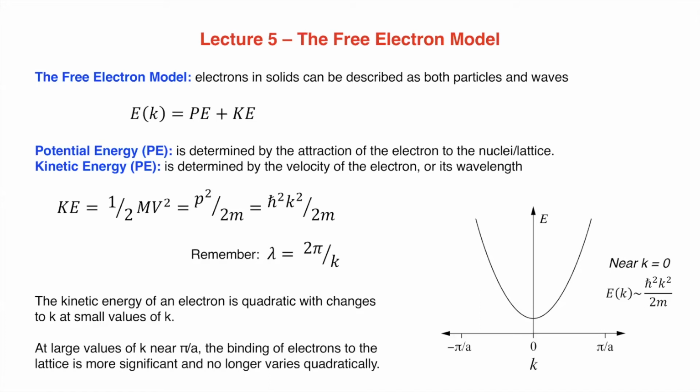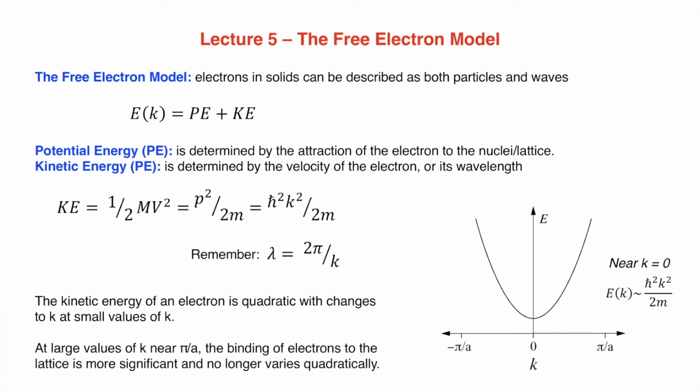And so you can relate those things using the early quantum mechanical ideas. Here, kinetic energy is 1/2 mass times velocity squared, which is equal to momentum squared over 2 mass. And that momentum can be related to the quantum mechanical momentum using the de Broglie relationship, and it gives you this: kinetic energy is equal to h bar squared k squared over 2m.